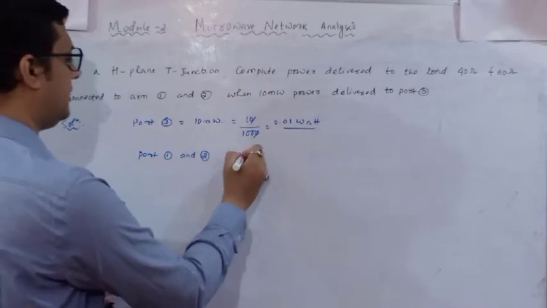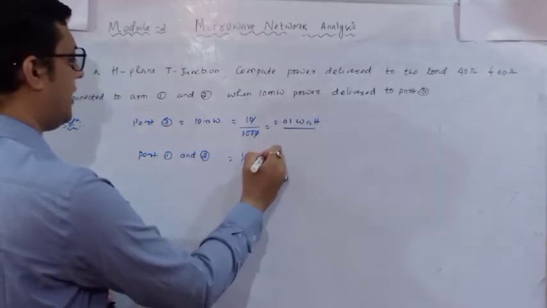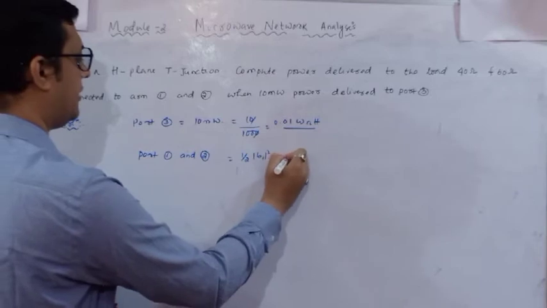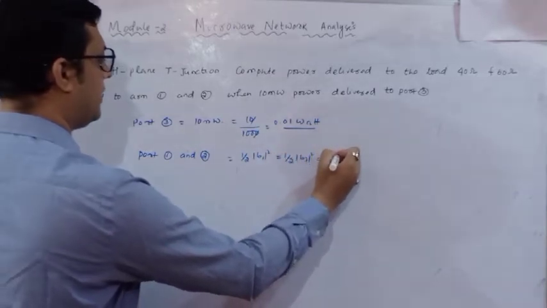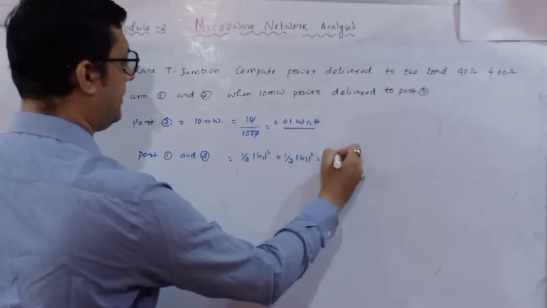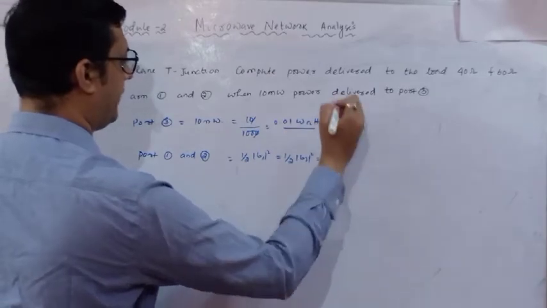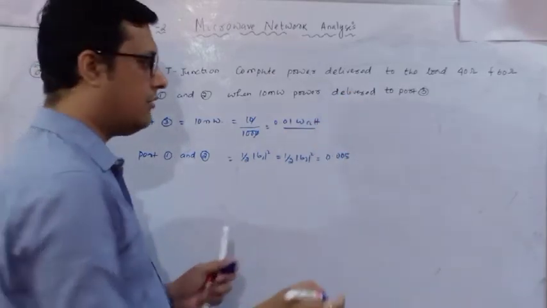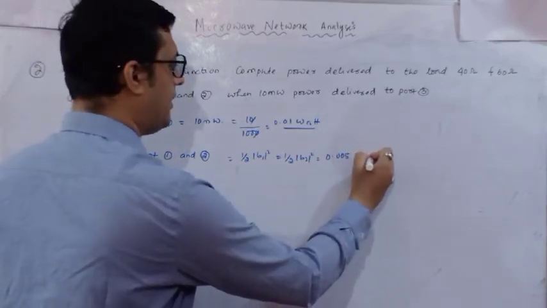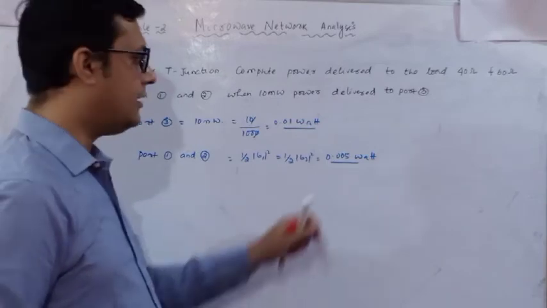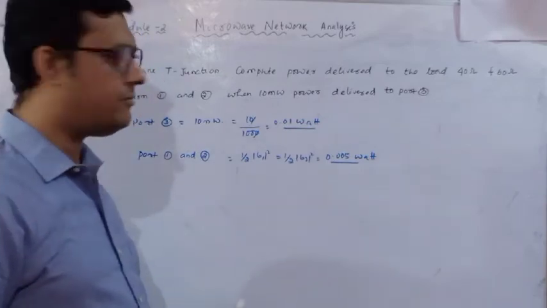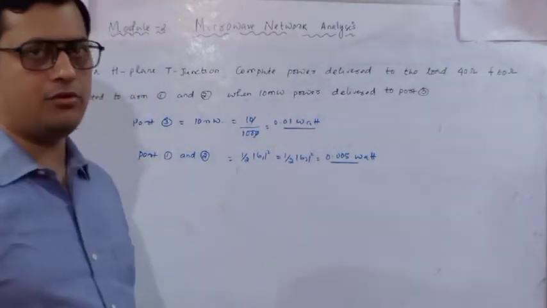Okay, how much? I can write half of B1 square equals half of B2 square equals 0.005, because equal power is going to be available, that is half of this.